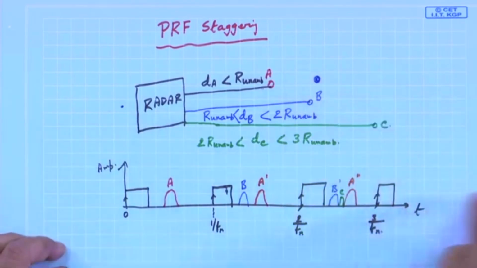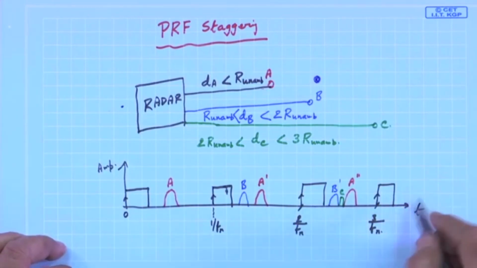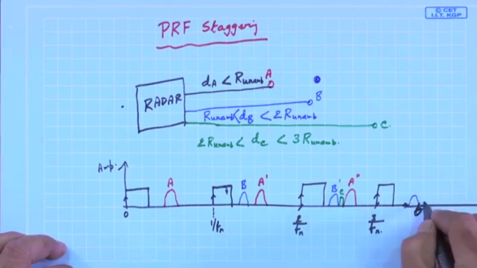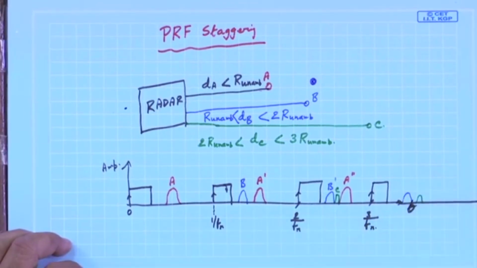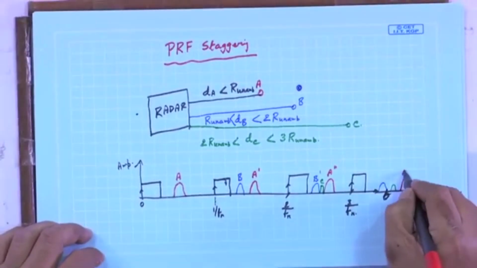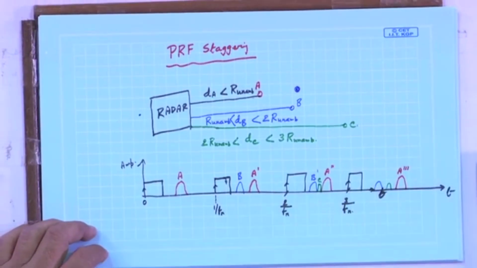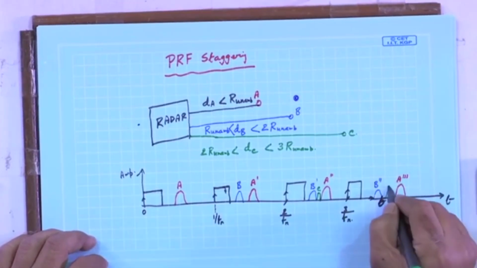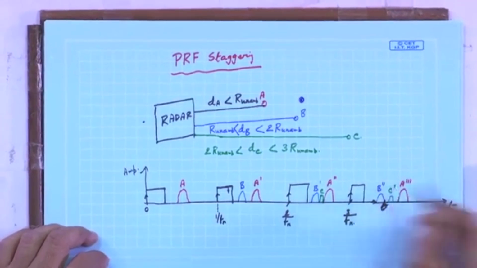If these three objects are there, then the next one will also be like this. If I extend this in time, then the returns will be like this: first there will be a B, then a C, and then an A. I can call this one A triple dashed, this one B double dashed, and this C dashed.